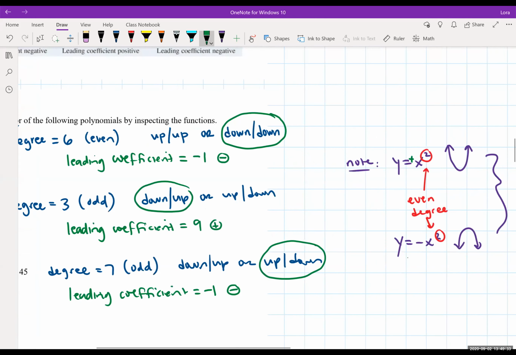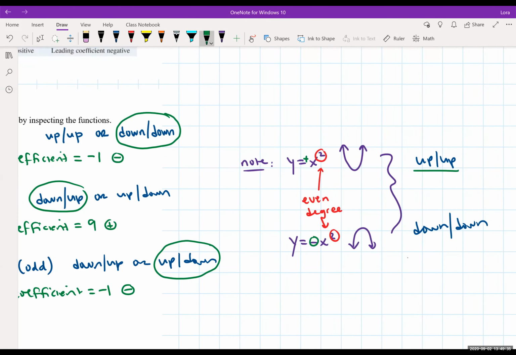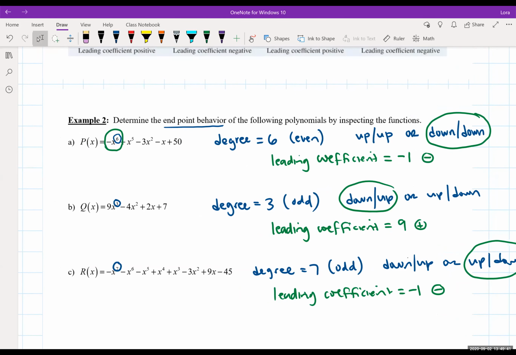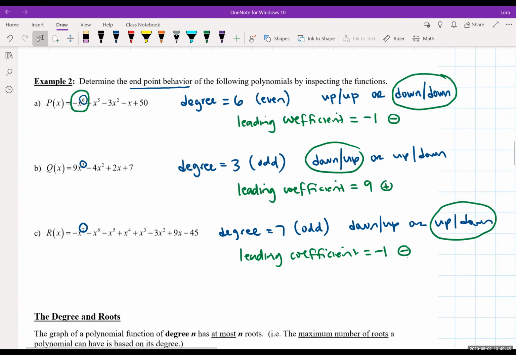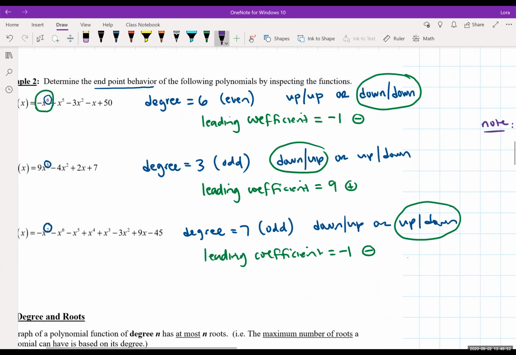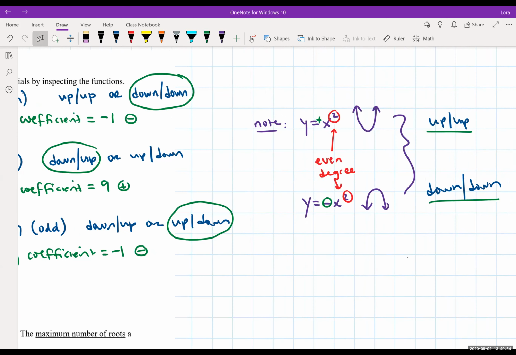And that gives you the idea of, oh, that's why we're going to choose the down, down version for part A. So a shortcut in a sense. You still have to have the idea of both ends pointing up or down, but this could help jog your memory. And I'll use the same sort of idea to help you out with Q of X and R of X, part B and part C.